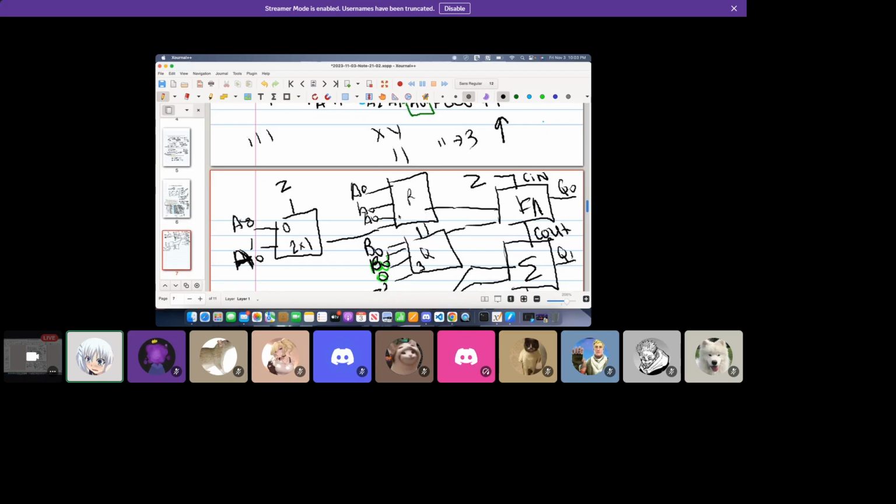So it will take the third: 0, 1, 2, 3. It will go to 3. Take this value. When it's 1, 1, 1, z will be 1. It will take a prime and put it to the full adder.